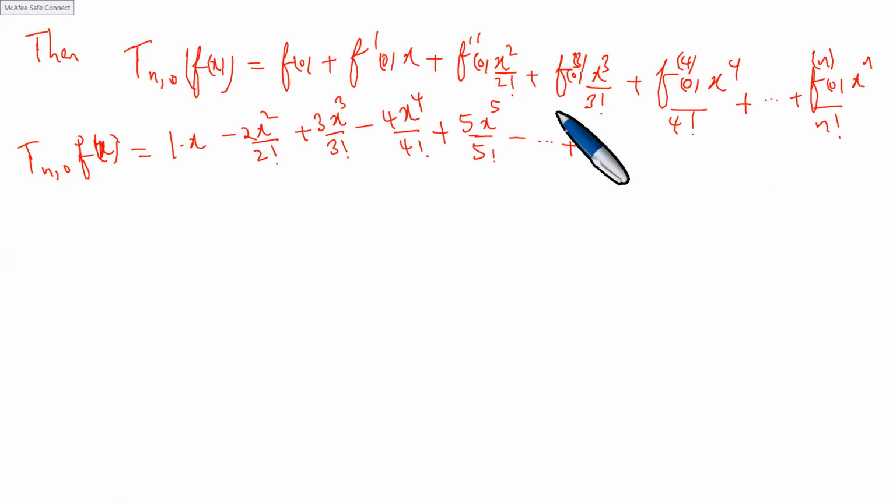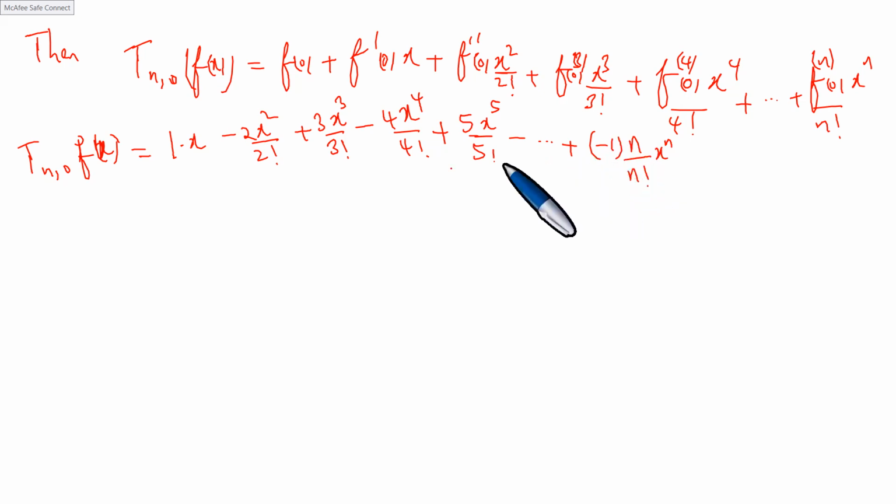The last one is going to be -1 to the power of something, and then x to that, but let me write it like this. There's n, and then n is divided by n factorial, and there's x to the power n.